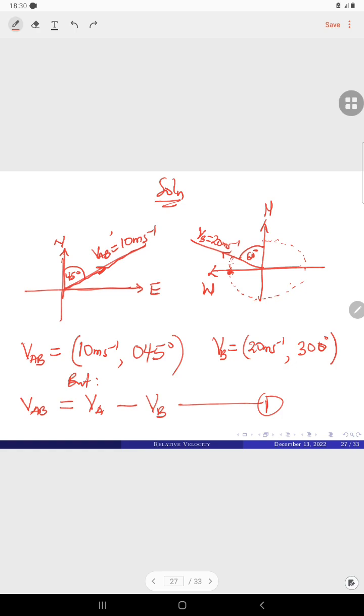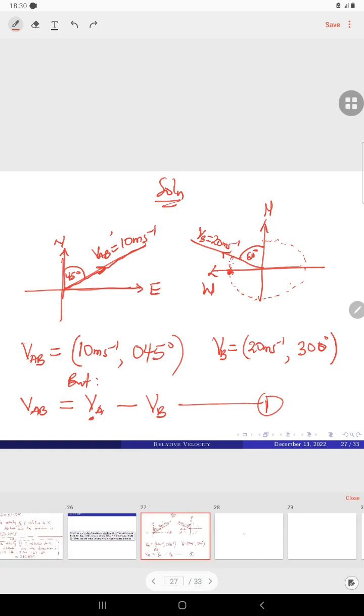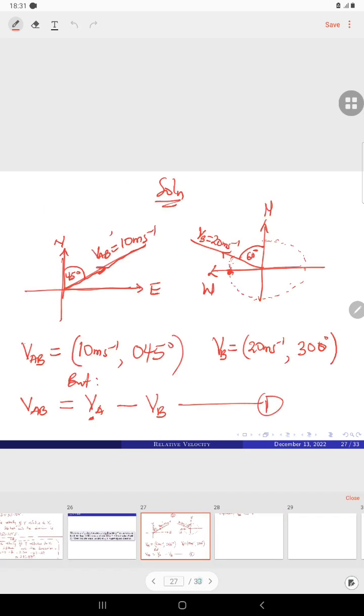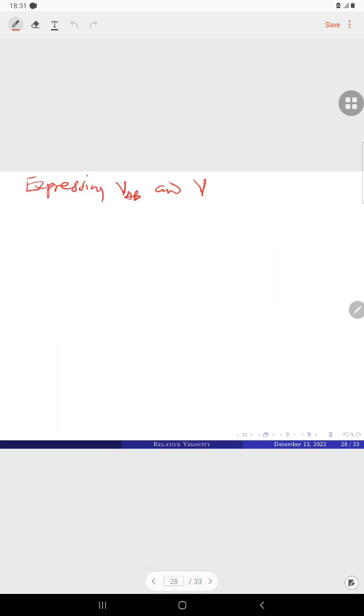The question wants us to find this. We are given this and this, but we need to express them as column vectors first before we put them there. So expressing VAB and VB as column vectors is where we are now. Expressing velocity of A relative to B and velocity of B as column vectors.